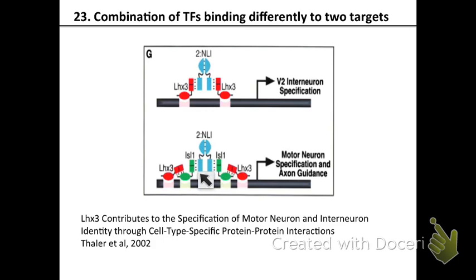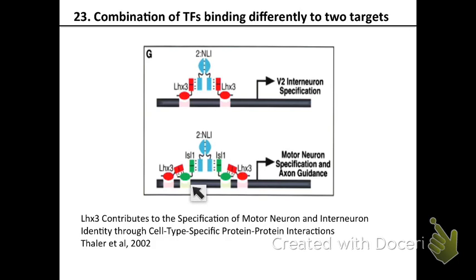And they also require a third transcription factor called ISL1, which is going to complex with NLI and LHX3 and bind and regulate the genes containing these types of regulatory sequences, where you have both LHX3 and ISL1 binding sites.